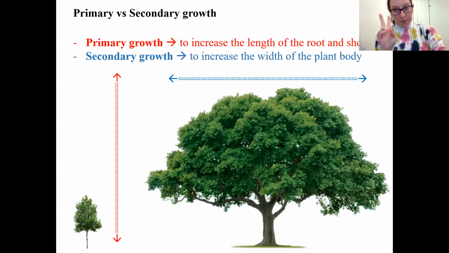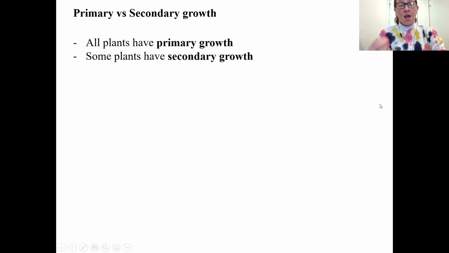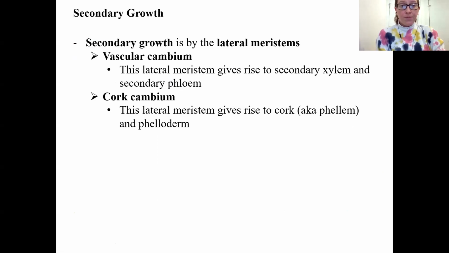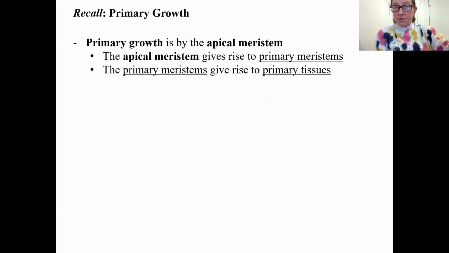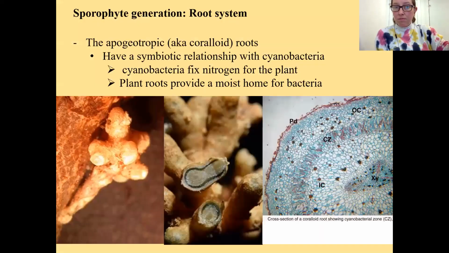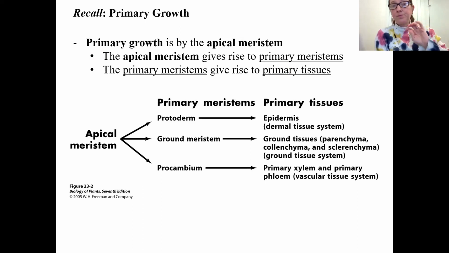Right, two types of growth, primary versus secondary. Primary is to get longer, secondary is to get wider. All plants have primary growth. Only some plants have secondary growth. And as we saw on the previous slide, primary growth is by the apical meristems, meristems at the tips.